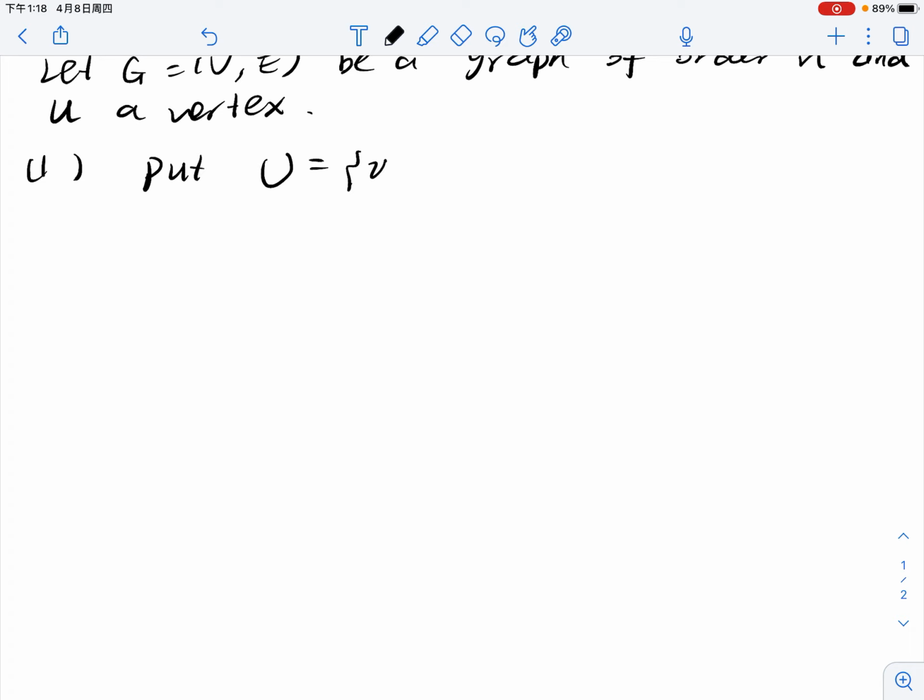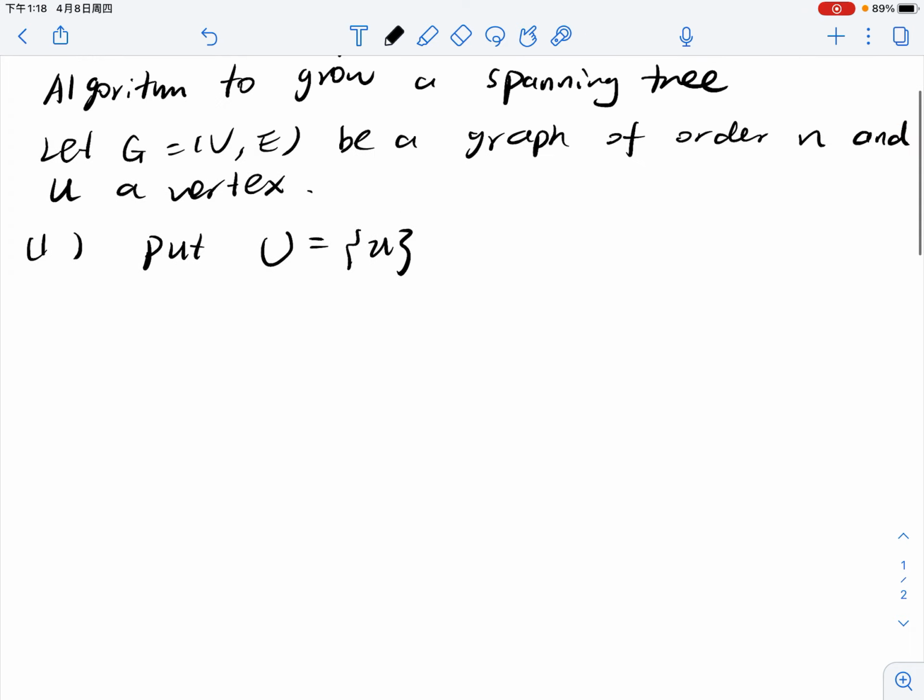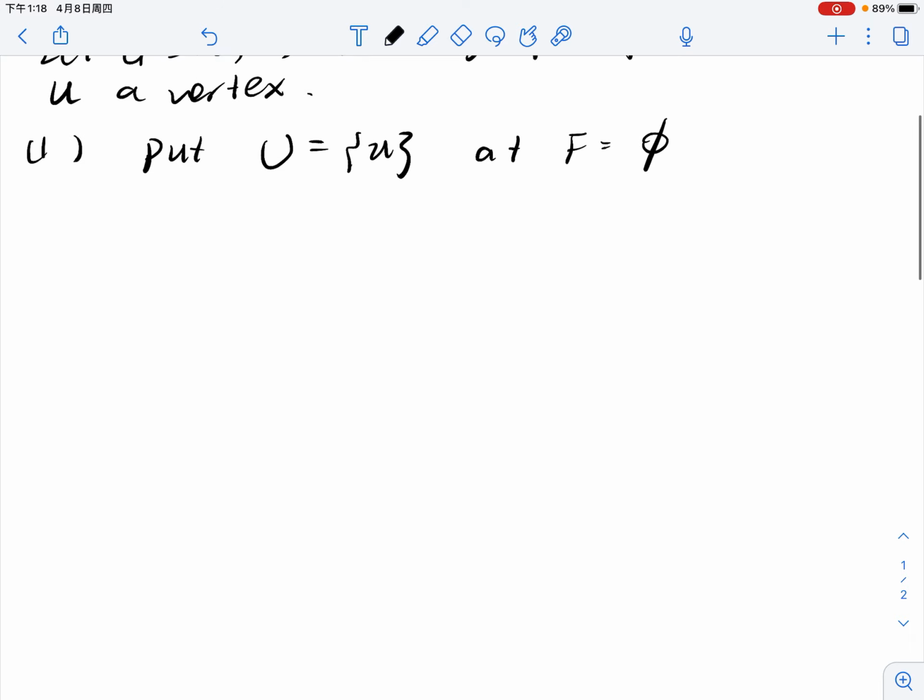So we set up a vertex subset U consisting of a single point, small u, at the very beginning, and F to be an empty set.